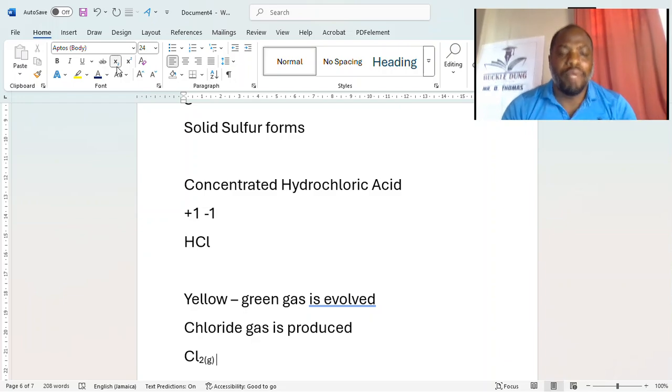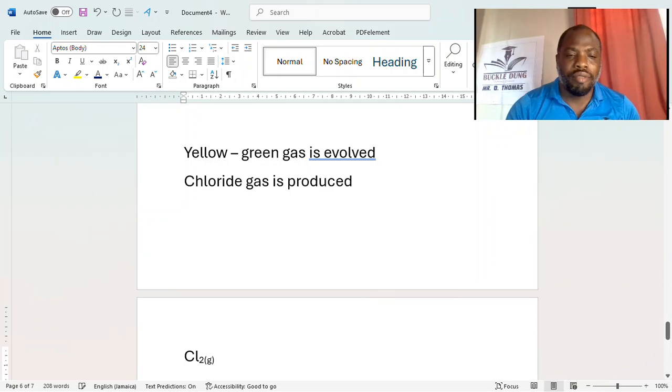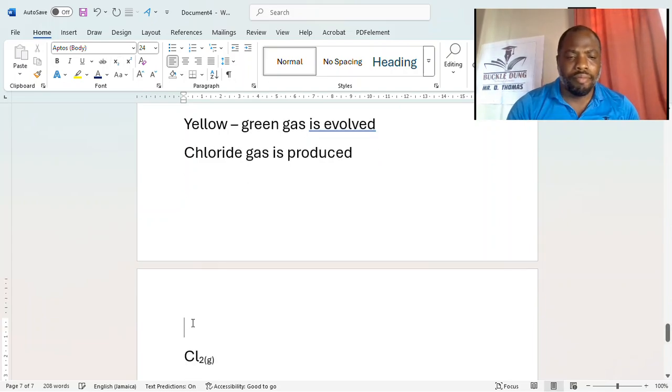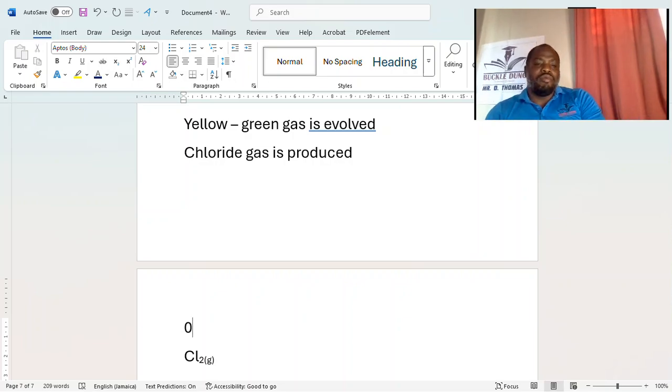So what really happened is that the chloride became the atom where it lost the electron that it gained, and so it becomes a zero.